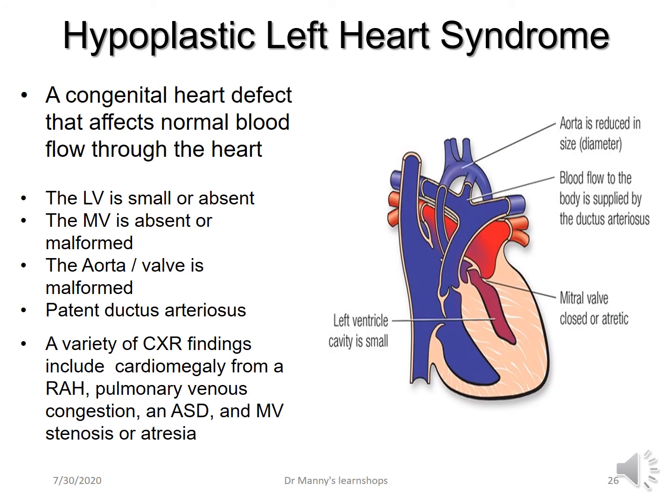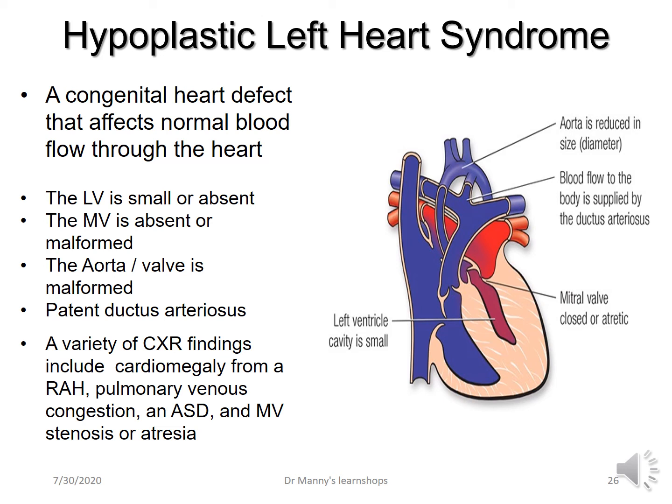Another complex, not common, cardiac condition that results as a congenital anomaly is hypoplastic left heart syndrome. This is a congenital heart defect that affects normal blood flow through the heart. The left ventricle is typically small or missing.